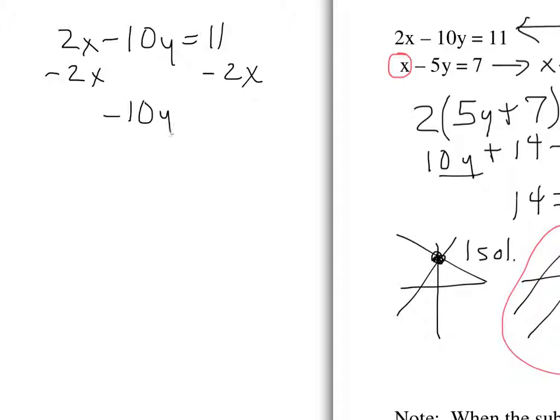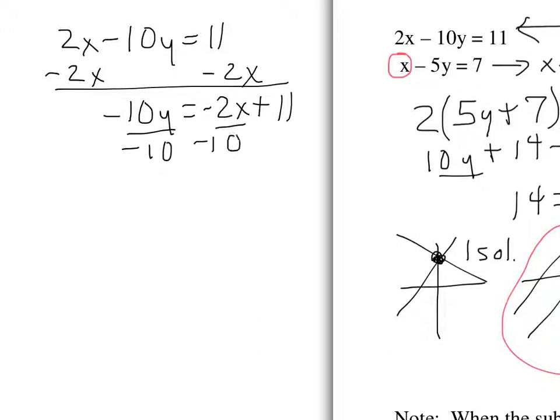Minus 10y equals minus 2x plus 11. Let's divide by negative 10. And we get y equals 1/5 x minus 11/10.